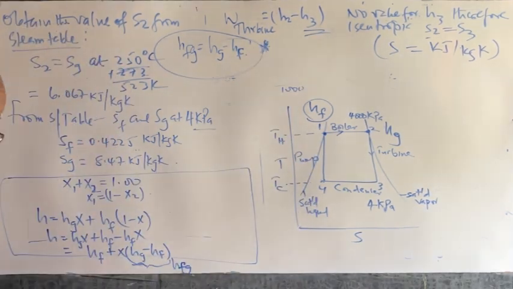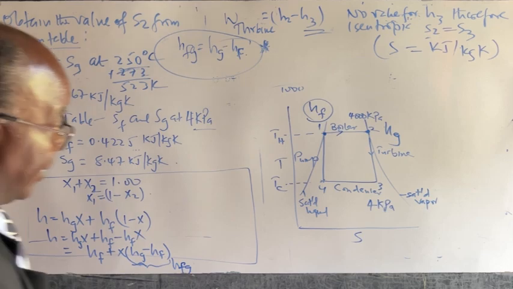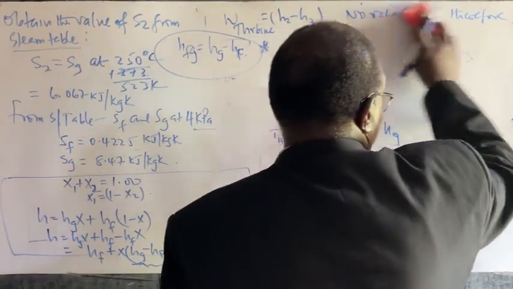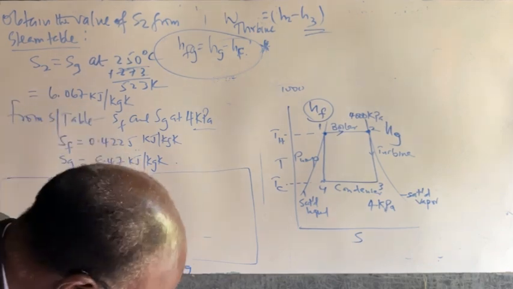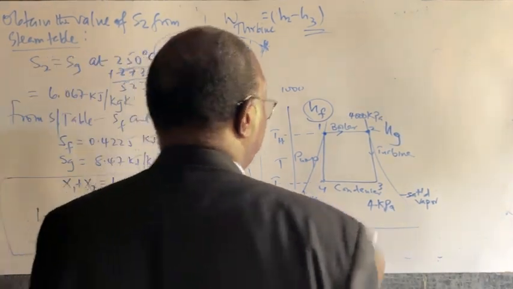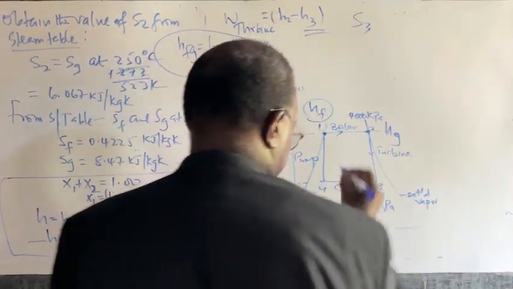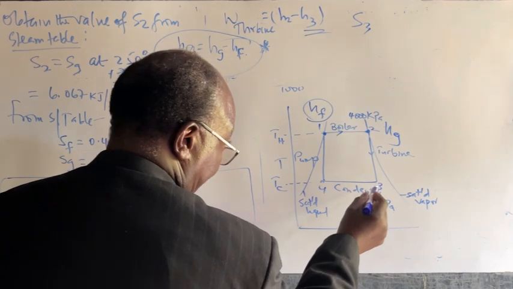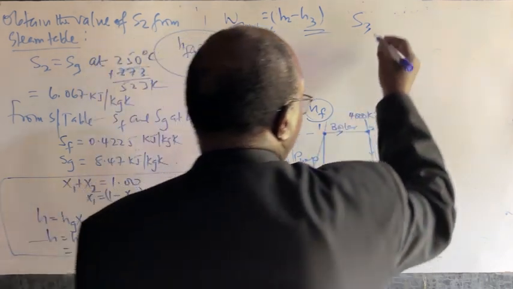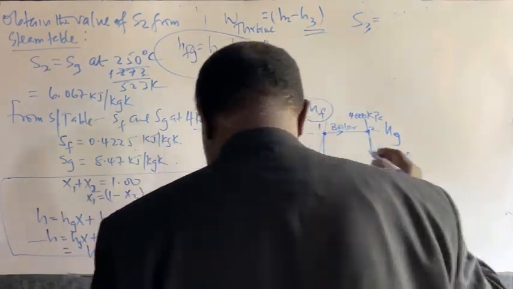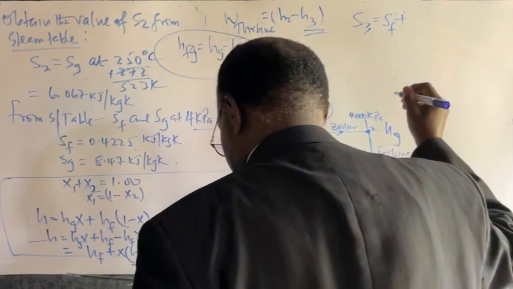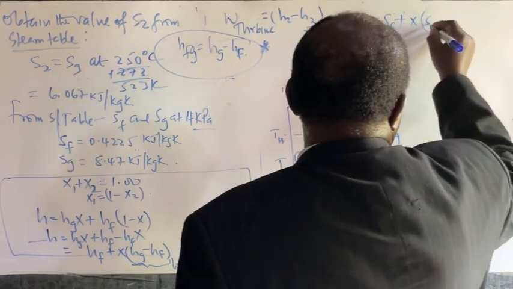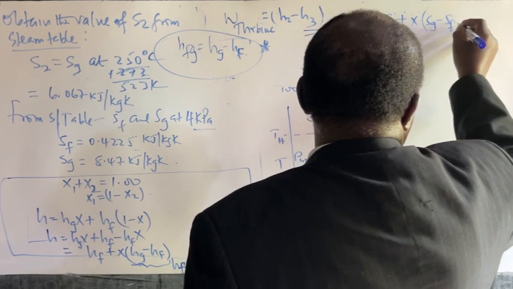So using this thermodynamic relationship, let's use part of the board. I still need this diagram as you do the explanations. Then we can say that for S3, that's at point 3, we can now obtain the entropy at point 3 as being Sf plus X into Sg minus Sf.